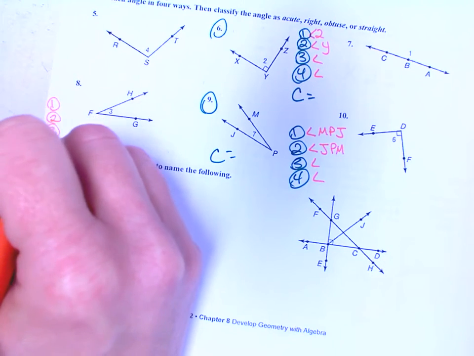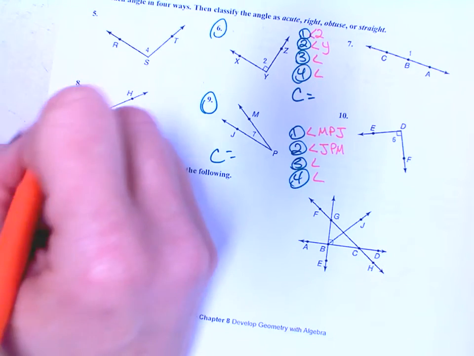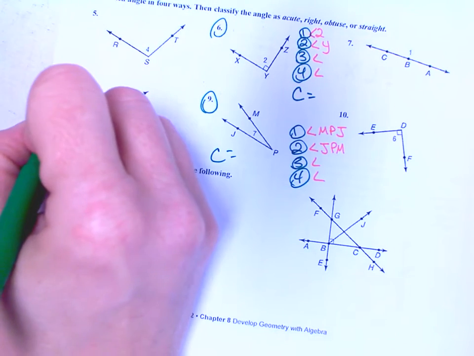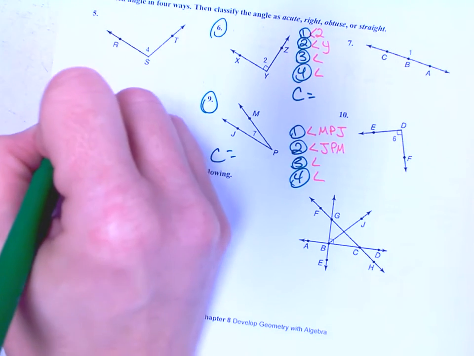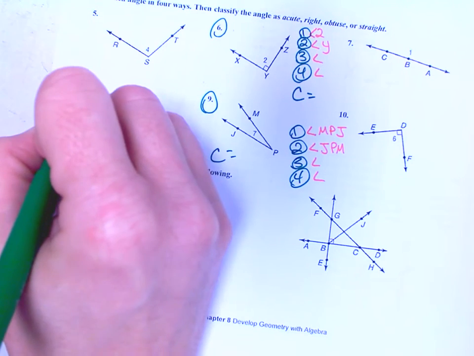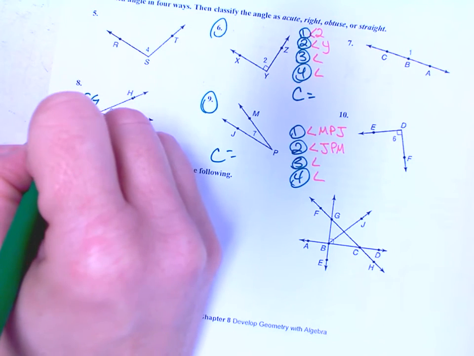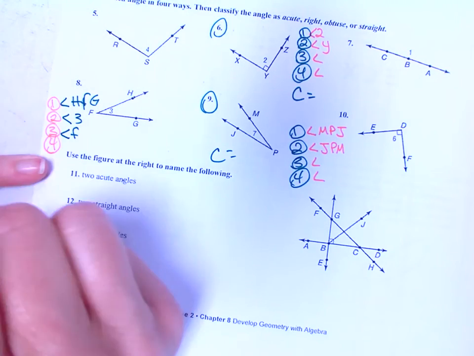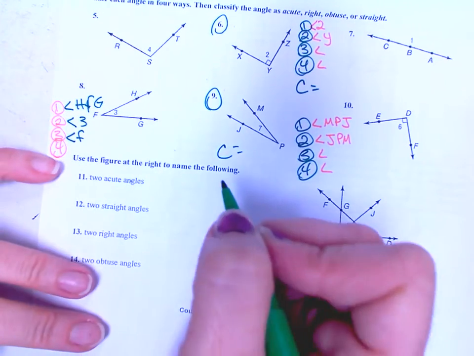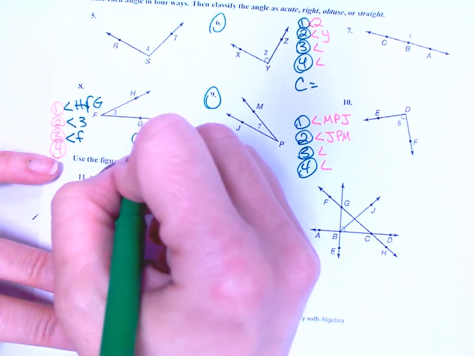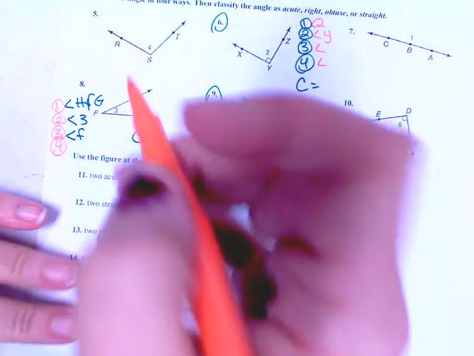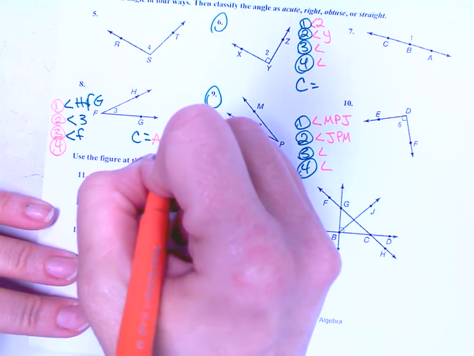Okay, so just for fun over here, we'll do this one. 1, 2, 3, 4 would be angle HFG, angle 3, angle F, and one other way to name it, and then classify it. And this is going to be an acute angle.